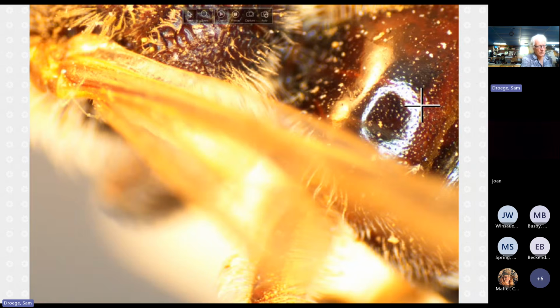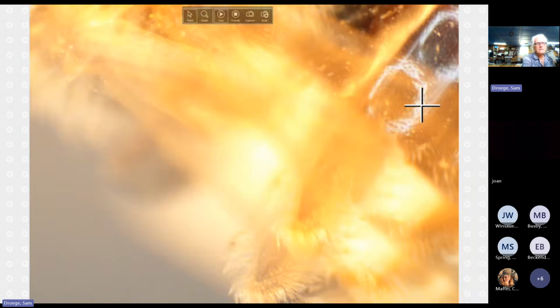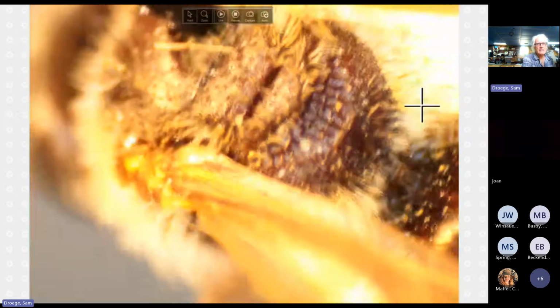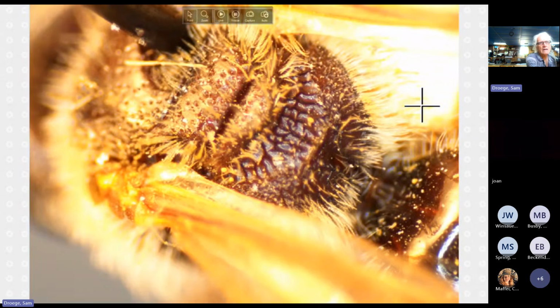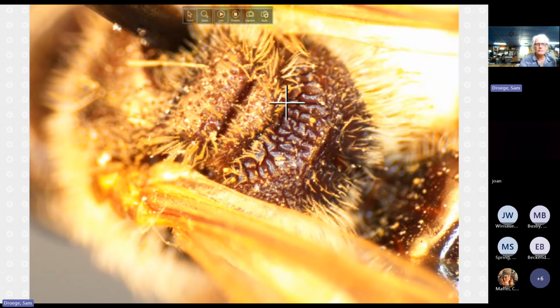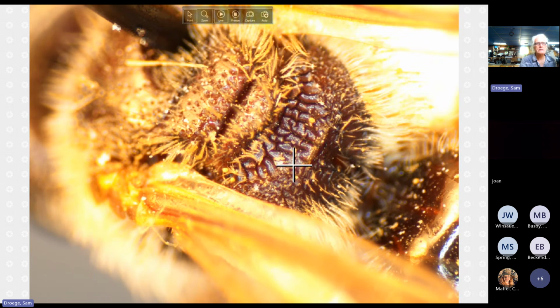Okay, now we are in shooting distance of the propodeal triangle, which should have that netted effect that we just looked at in the previous specimen, and that also seems to be the case, where you just have squiggles. There's no particular one type of dimension in those raised cells or reticulations.